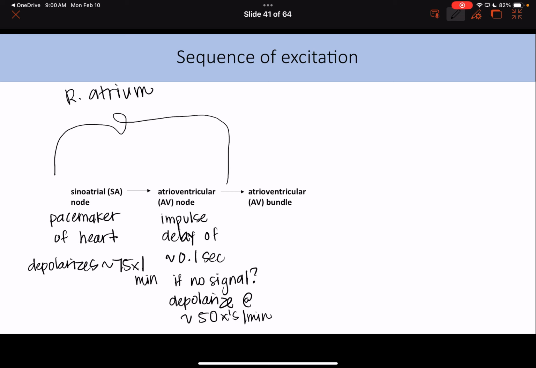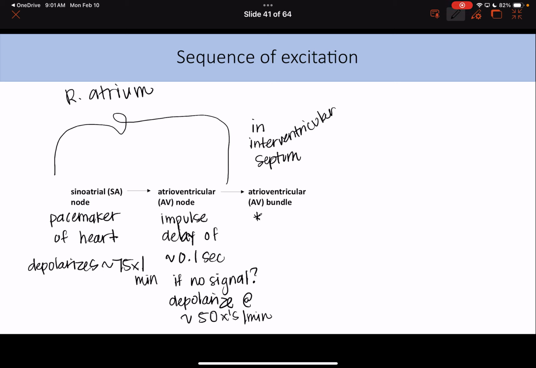But the AV bundle is located in the interventricular septum. This is not pacemaker cells here. This is just a connection between the atria and the ventricles. Remember we said that there are no gap junctions between the cells of the atria and the cells of the ventricles?